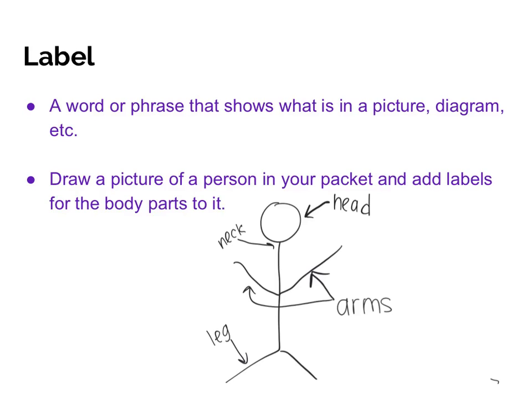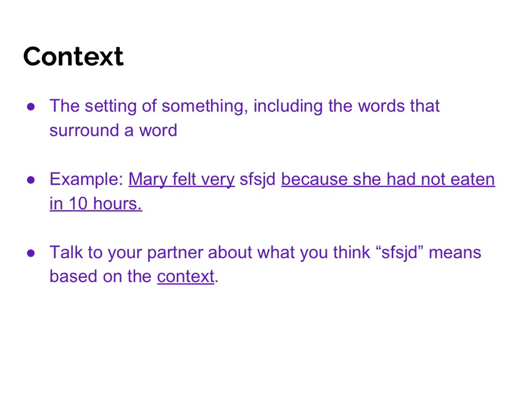You might have chosen other ones, as long as you have some body parts labeled on the person. So notice how I have the word with an arrow that shows where exactly in the picture this is. It's a label.